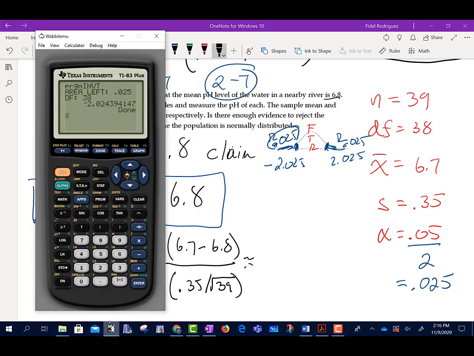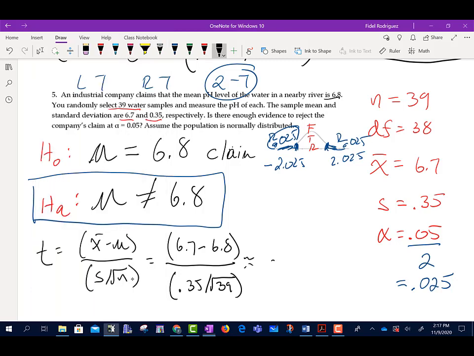So let me get my calculator, and I'm going to enter it exactly as I see it: 6.7 minus 6.8, close it off, divided by 0.35 divided by the square root of 39. Hit enter, and I am coming up with a negative 1.784. Here's the number that I'm coming up with.